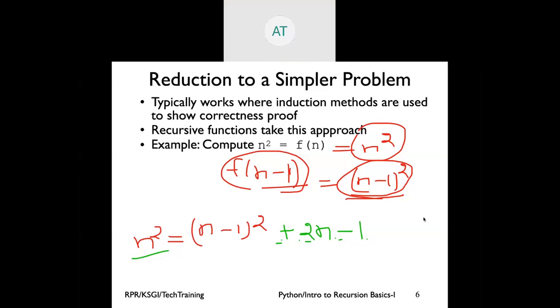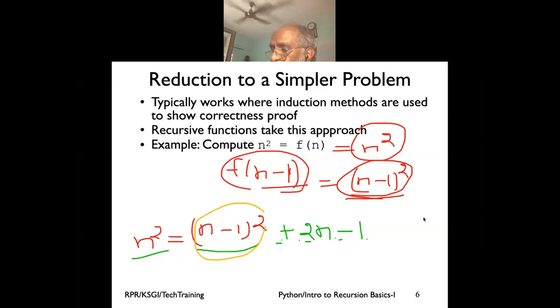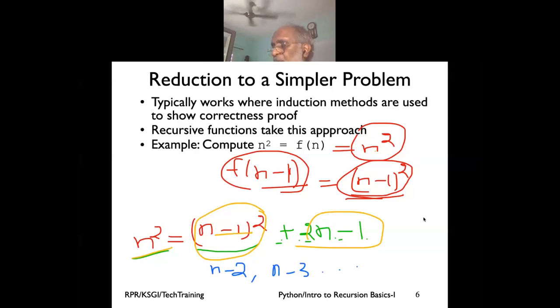So that means if I can solve a problem of smaller size, then I can add this and get my original answer, and I keep doing it. For a given size n, I make it n minus 1, then n minus 2, then n minus 3, till I get to size 1. Then I can compute the square, and then keep adding it up, and I get my answer.